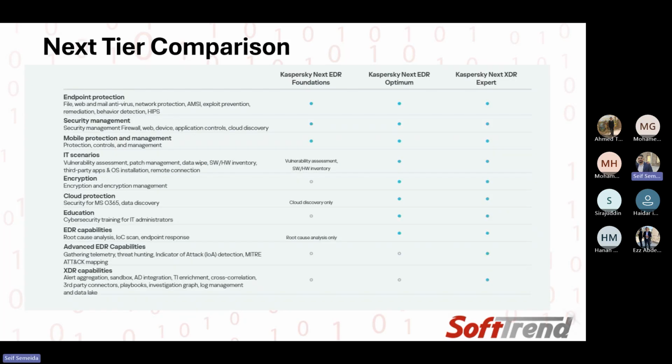For this slide, we're going to discuss the features that are provided in each plan in more detail than the previous slides. First of all, we're going to take the EDR Foundations and see what it offers for us. So as you can see, it provides endpoint protection features such as the file, web, and mail antivirus, network protection, and AMSI solution as well.